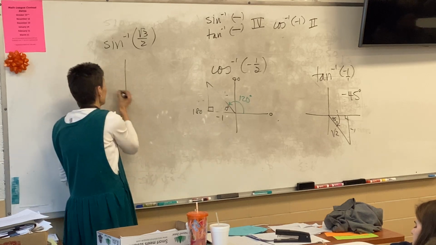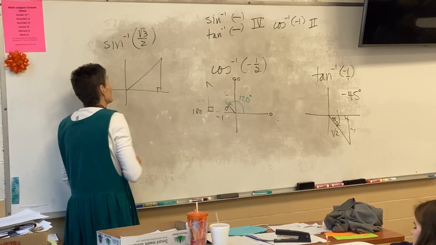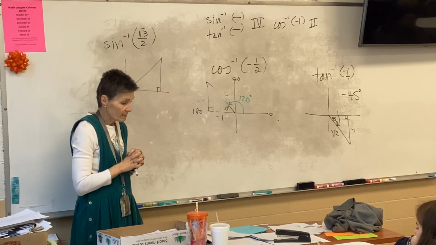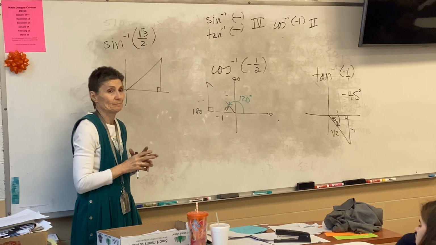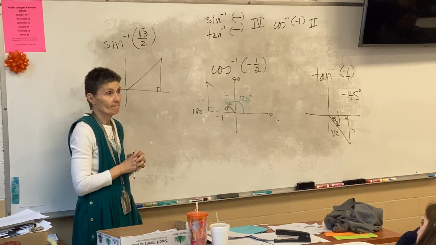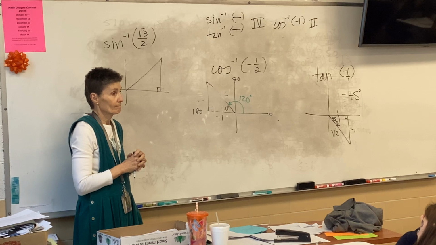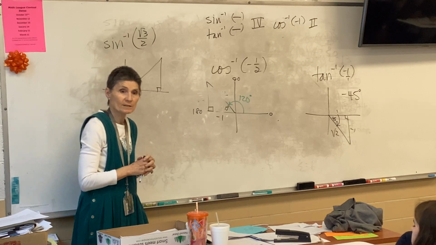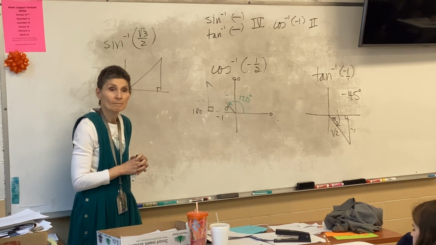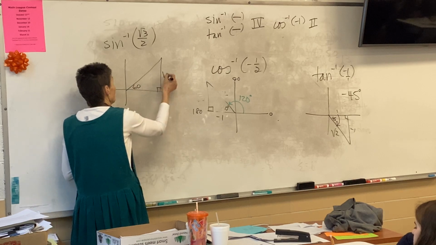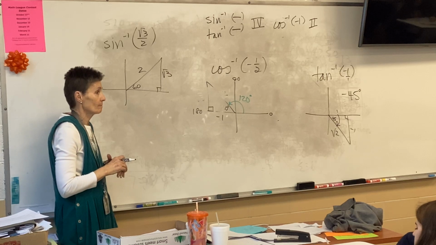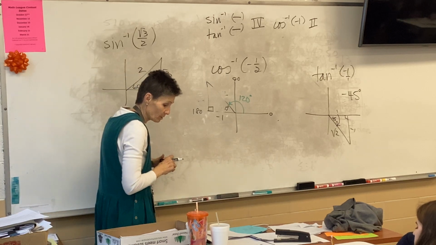All right, so go ahead and see if you can give me the answer for the angle whose sine is √3 over 2. Julia, you sitting there, you got it? What'd you come up with? I got 60. She got 60. What do the rest of you think? Is Julia right? Yeah. She sure is. 60 degrees. Quadrant 1.